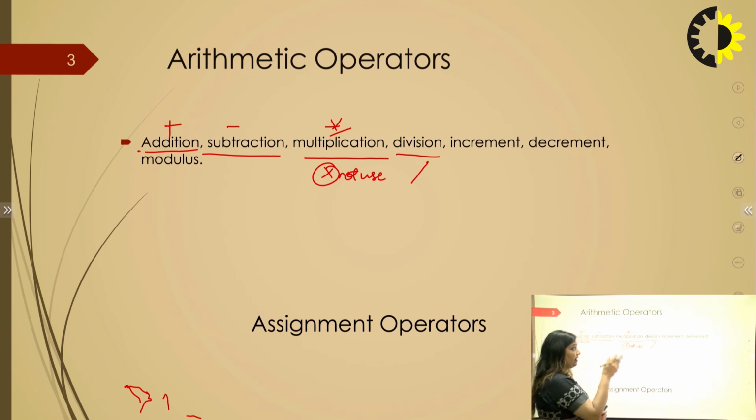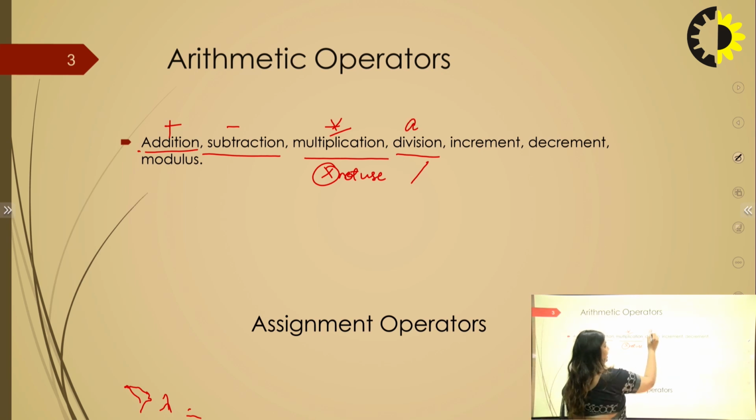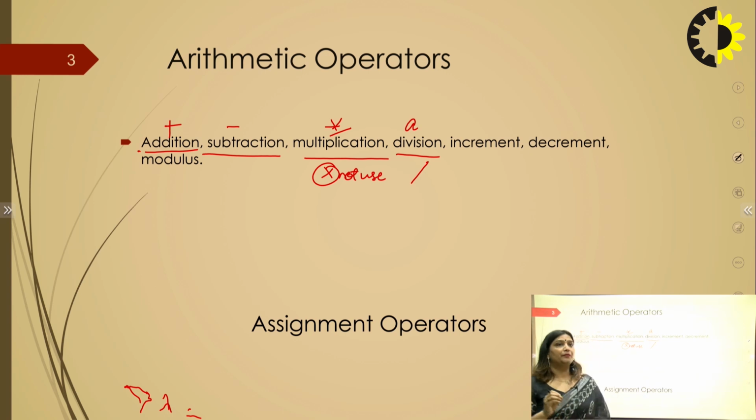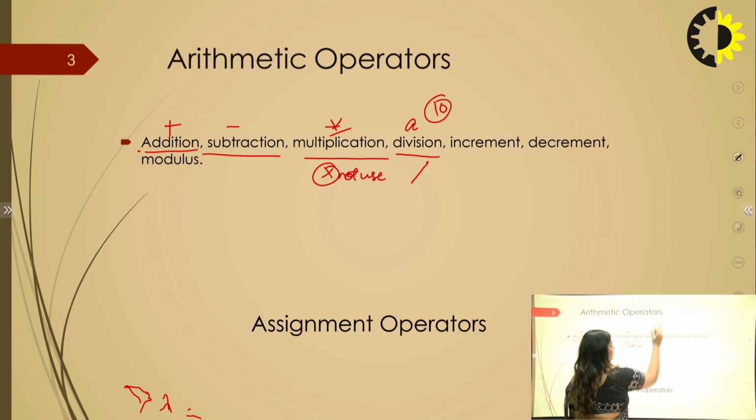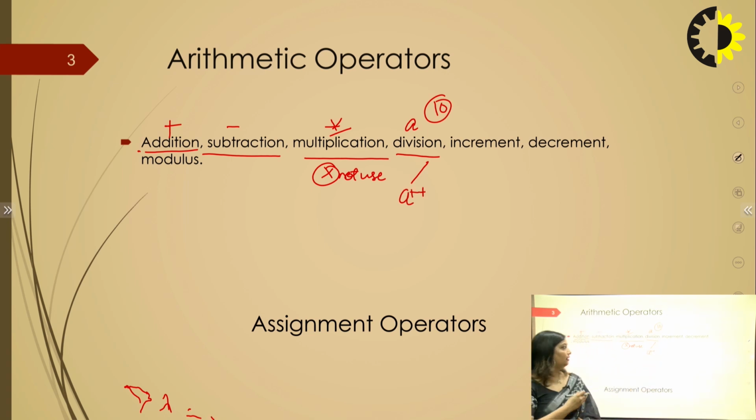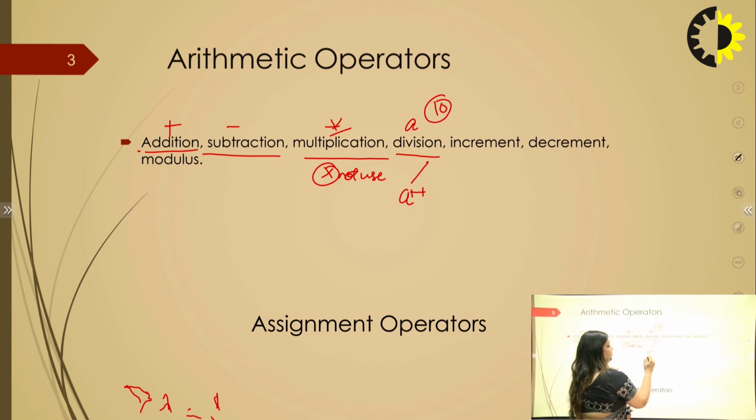For increment and decrement, we increment the value of the given variable. For example, if the value given to variable a is 10, and we write a plus plus, that means the value will be incremented from 10 to 11.